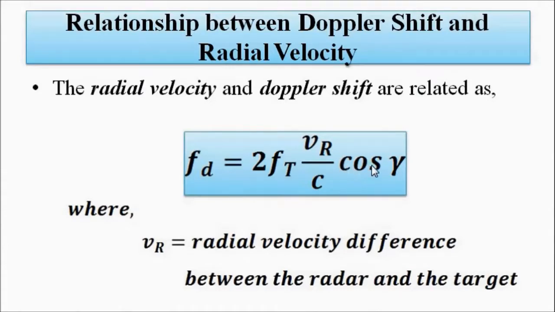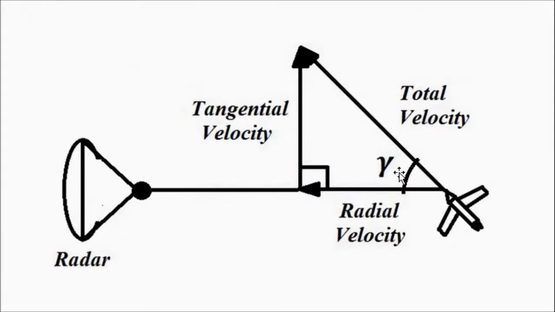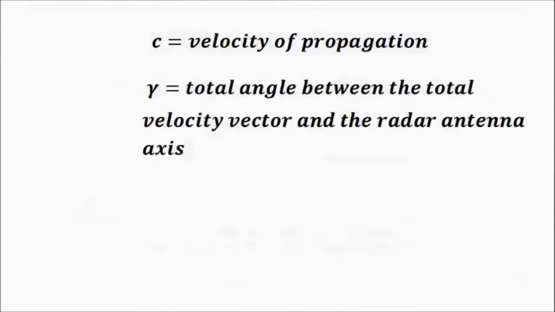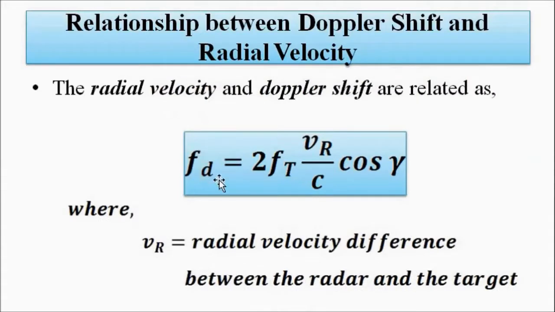Then we have cos gamma, where gamma is the angle between the radial velocity component and the total velocity component. The radial velocity component is generally in line with the radar antenna. So this is the relationship between the Doppler shift and the radial velocity.